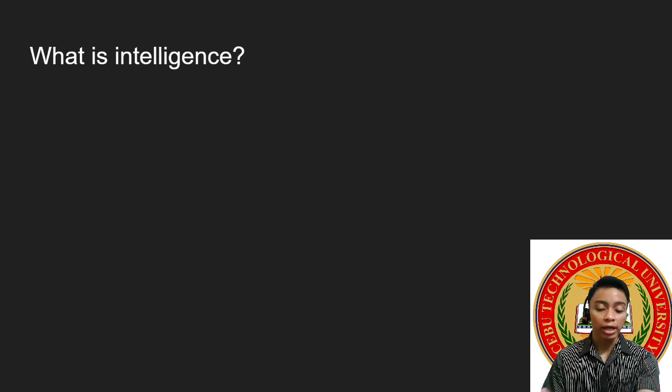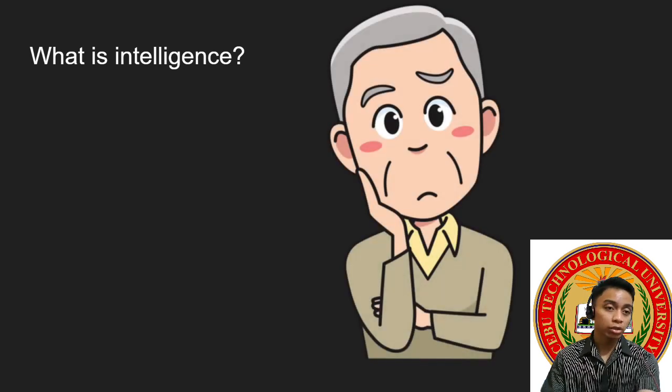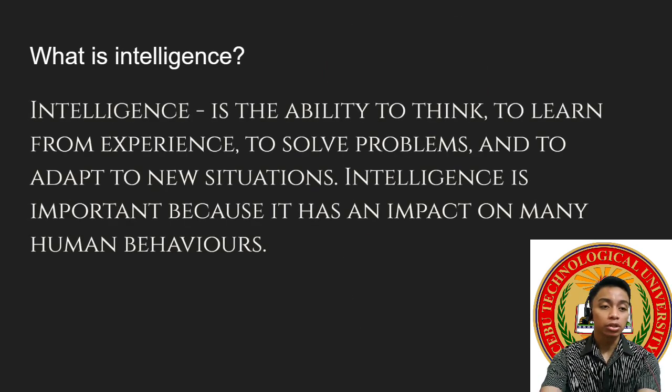However, for Mr. Howard Gardner, there are actually 8 types of intelligence. Intelligence is the ability to think, to learn from experience, to solve problems, and to adapt to new situations. Intelligence is important because it has an impact on many human behaviors.